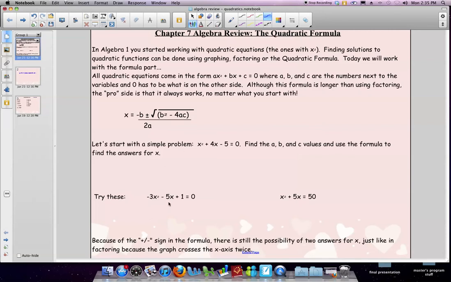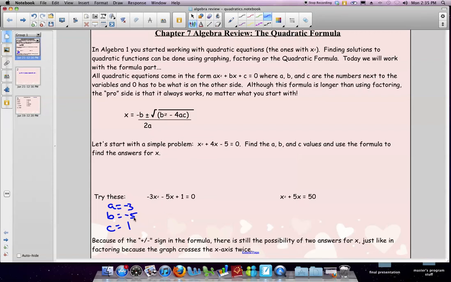Okay, let's try it with this one. This one's set equal to 0. Pull out your A value, your B value, and your C value first. Negative 3 is my A value, negative 5 is my B value, and C is 1. Plug it into the formula.